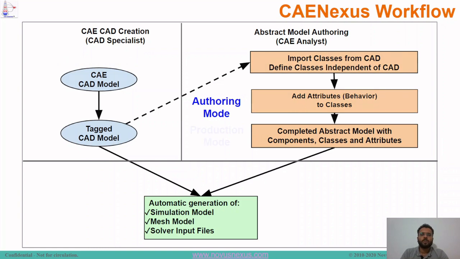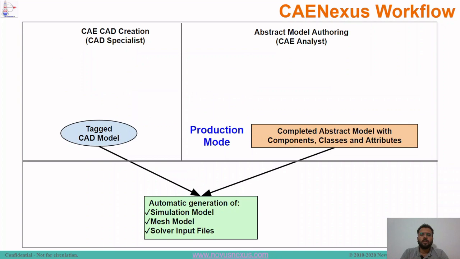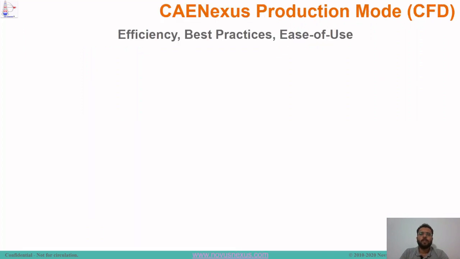This brings us to the production mode in the workflow. Here, the user just synchronizes the tagged CAE CAD model with the standardized abstract model, and the rest of the steps, like creating the simulation model, mesh model, and exporting the solver files, are all automatic. Here is a quick summary of the complete workflow in 3 simple steps.